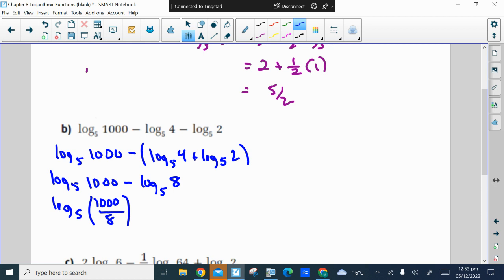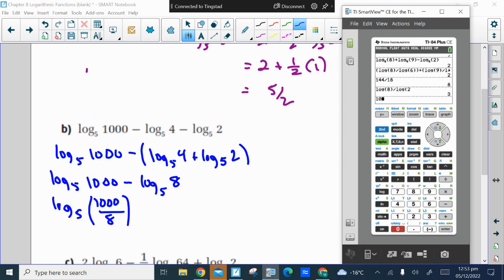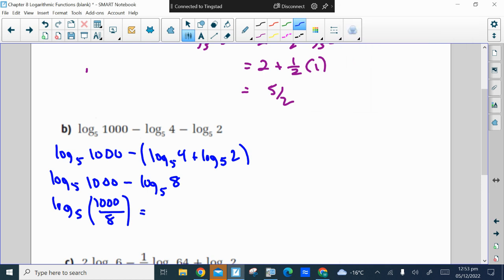And I think 1,000 divided by 8 is 125. So this will be log base 5 of 125, which is 3. That's asking 5 to what power is 125?